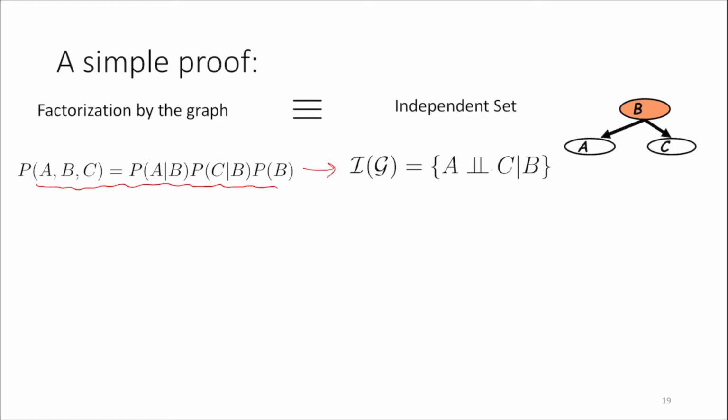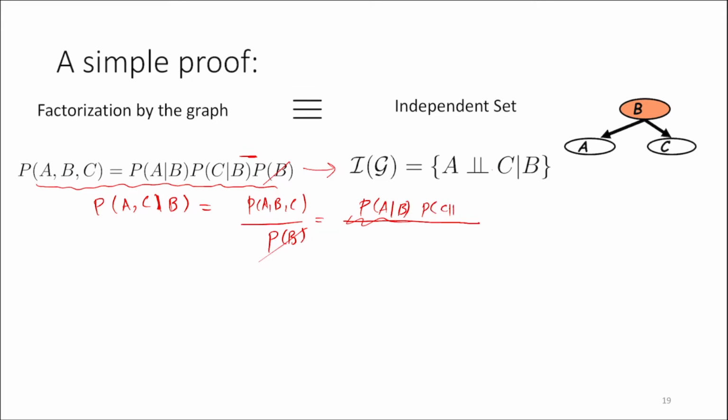If I want to write P(A|B) and P(C|B), I can write it as P(A,B,C) divided by P(B) using Bayes rule. And if the factorization on top is correct, P(B) cancels out, and it becomes P(A|B) and P(C|B), which basically means that A and C are independent given B.